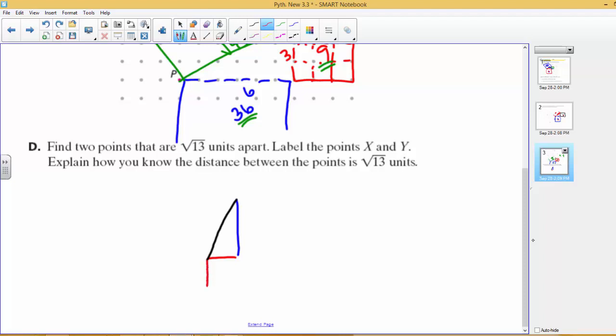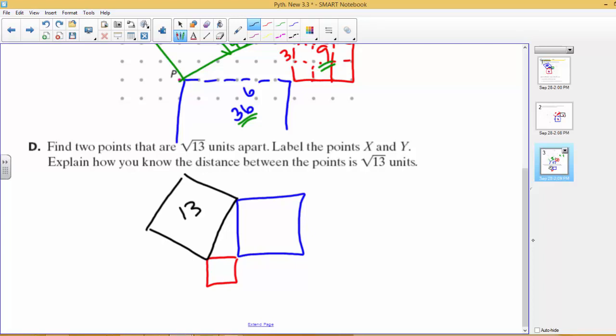So I need to know a red square number and a blue square number that add to give 13. So if you know that this square is 13, you need to figure out two square numbers that add to give you 13. So let's think of our square numbers.